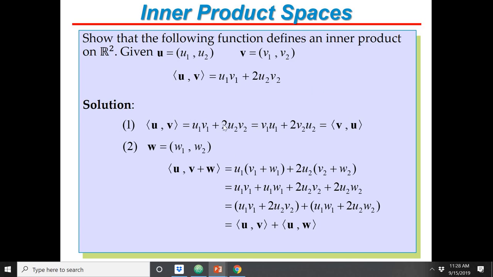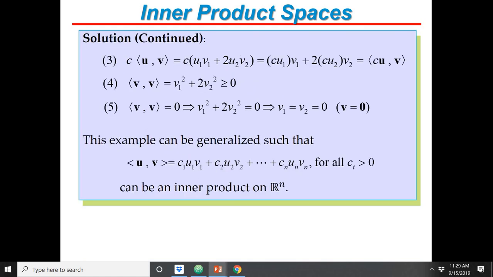So if you follow all the properties that I had listed for the definition of the inner product, you can see that this satisfies the definition, and it's an acceptable inner product. So you can follow this as an exercise in your spare time.